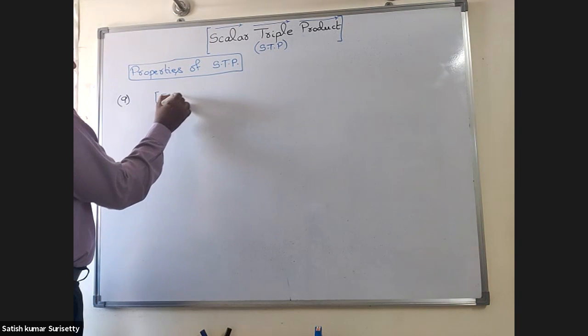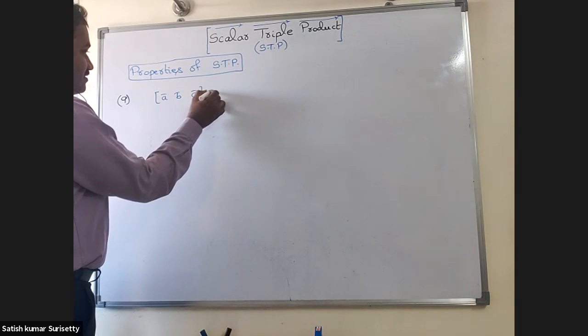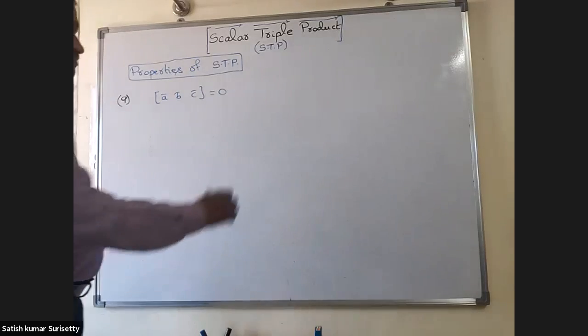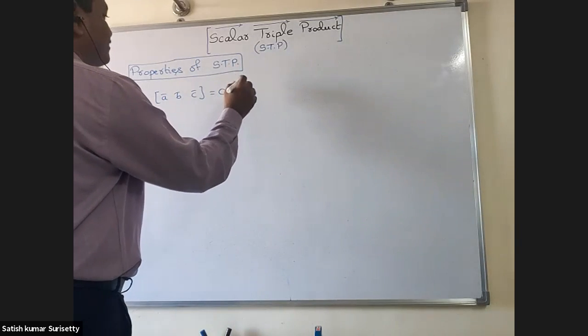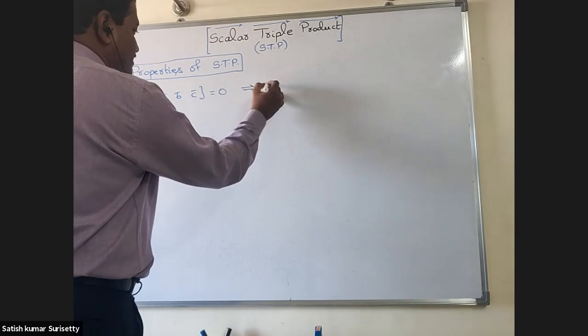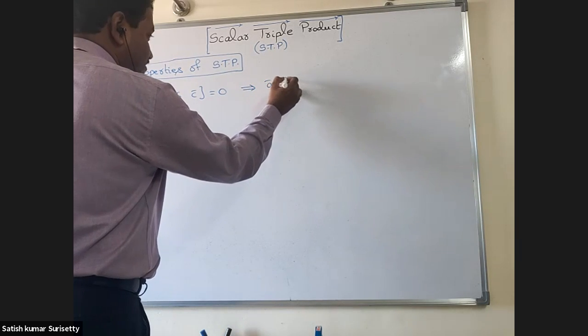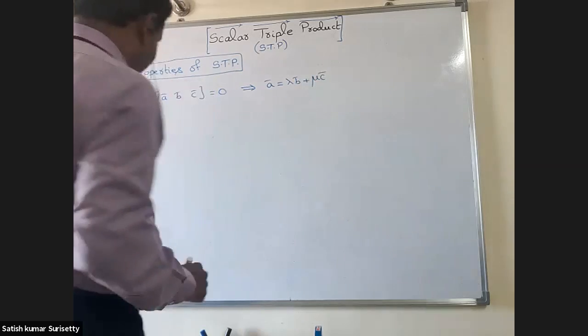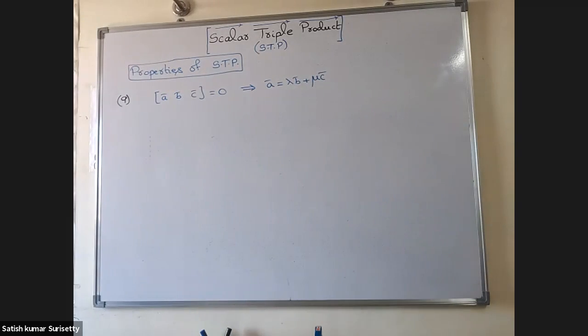Scalar triple product of A bar, B bar, C bar equal to 0 implies A bar equal to lambda B bar plus mu C bar.